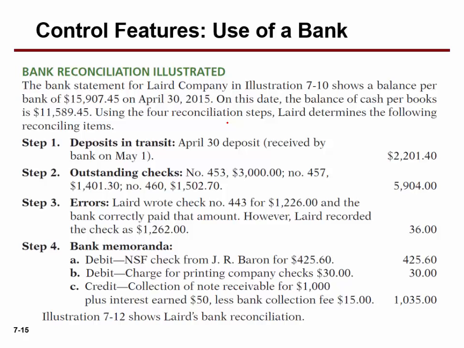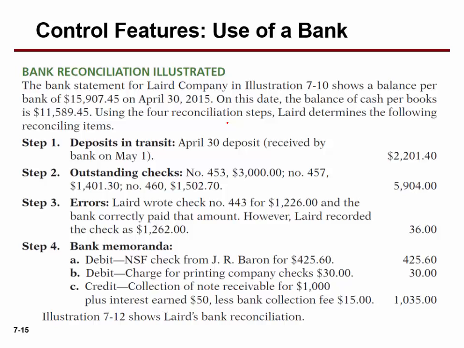We're doing this as of April 30th. They tell us that there was a deposit in transit April 30th. They deposited it, but the bank didn't know about it until May 1st. So it must have been after 6 o'clock or something that the deposit got there. The bank doesn't find out about it until the next day.